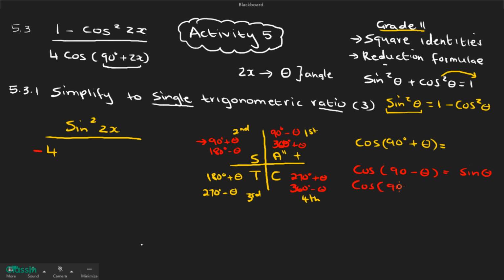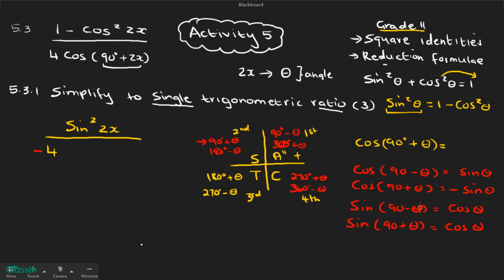Cos of (90 plus theta) is the same as negative sine theta. Sine of (90 minus theta) is the same as cos theta. But sine of (90 plus theta) is the same as cos theta.